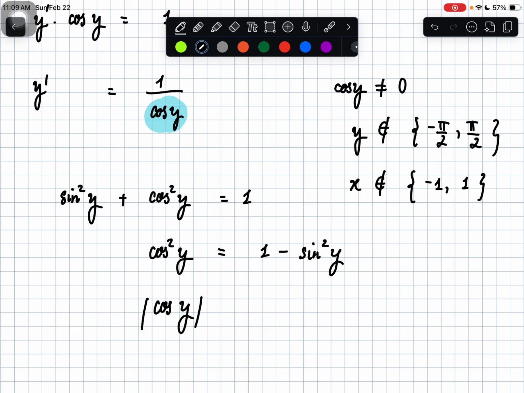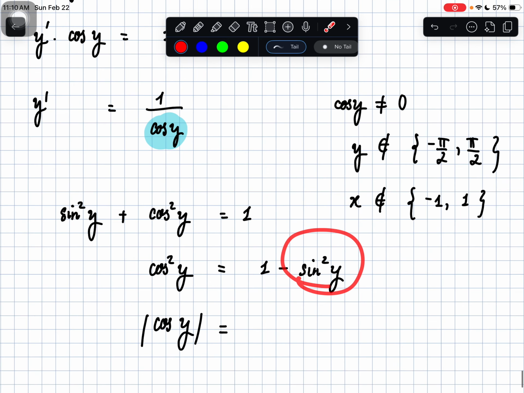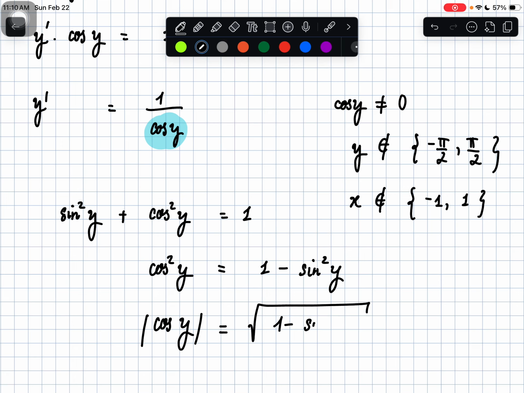Cosine of y, I put the absolute value because I take a square root, equals the square root of 1 minus sine square of y. Sine of y is from -1 to 1, so sine square of y is always less than 1, and this is always positive, so I can take that square root.